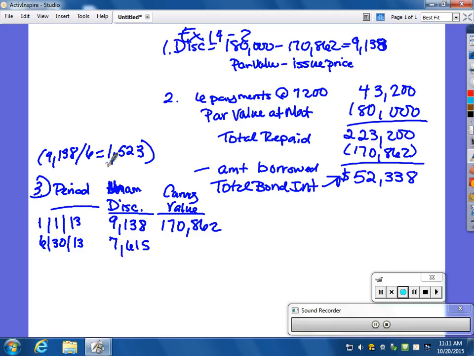Now, on the other side, what I'm gonna do is add it: 170,862 plus 1,523, which equals 172,385. Basically, it's just gonna go on the same way all the way down.